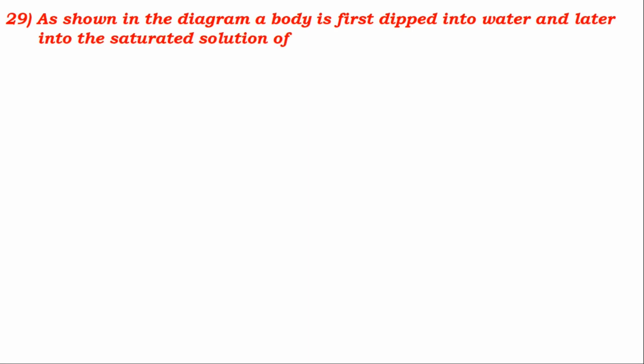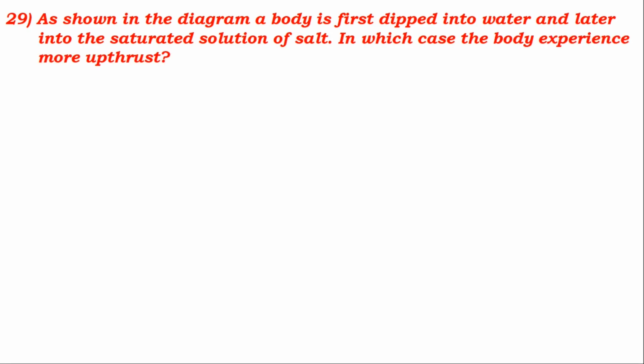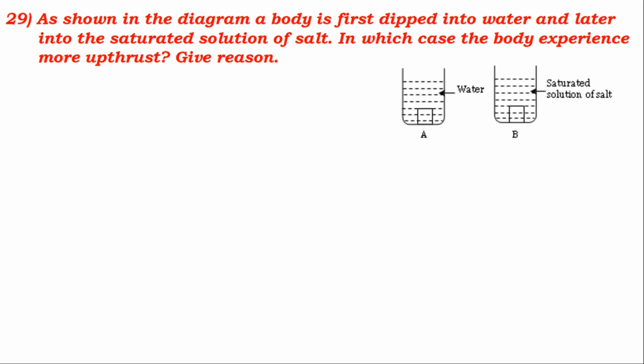As shown in the diagram, a body is first dipped into water and later into the saturated solution of salt, in which case the body experiences more upthrust. Give reason. Now, this is our diagram. A body is first dipped into water and again it is placed in saturated solution of salt and again it is sinking. Now, how can we answer the question?